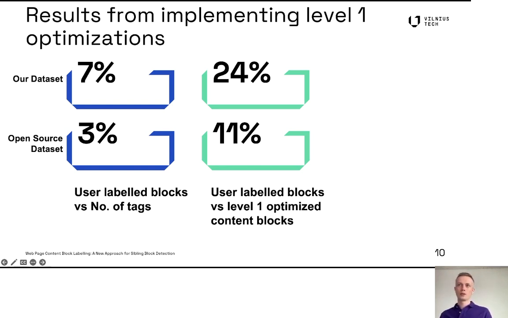We were able to increase the ratio of user-labeled blocks versus the number of content blocks extracted from the website from 7 to 24%. This is the increase for the dataset that we created. For open source dataset, increase was from 3% to 11%.